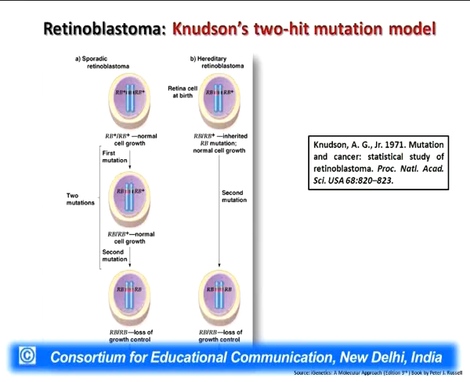In each of these, the RB genes get mutated, and as soon as these RB genes get mutated, the normal functioning of the retinoblastoma genes is lost and abnormal proteins are formed which are unable to check the abnormal cell growth, and the patient starts suffering from retinoblastoma.